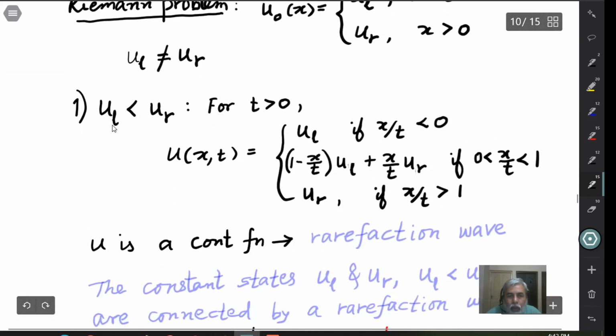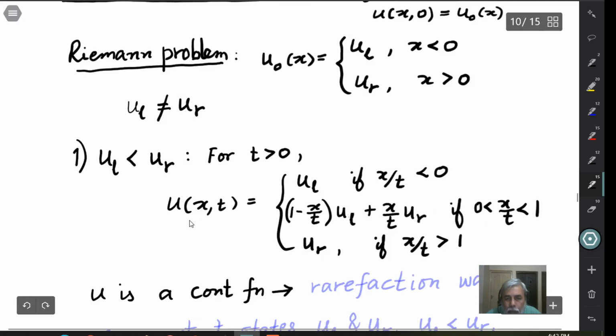If I now take any ul and ur with ul less than ur, you can easily check that for t positive, if I define the function u by this relation, it is ul if x/t is less than 0, this convex combination if 0 is less than x/t is less than 1, and again the constant state ur if x/t is bigger than 1.